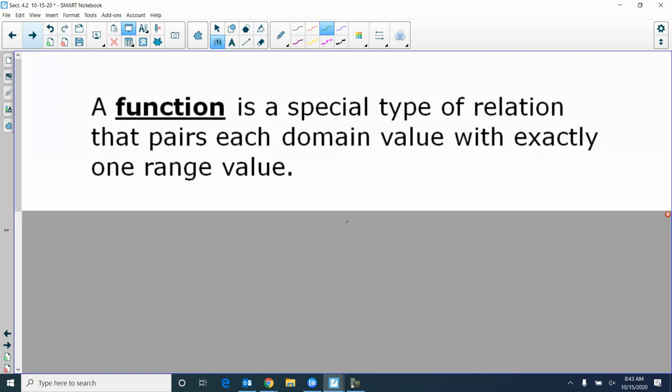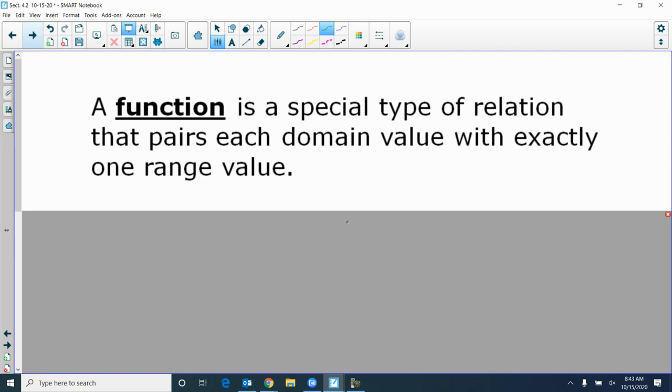It pairs each domain value with exactly one range value. So if I have 2 in the domain, 2 can only go to one member of the range. So 2 cannot go to different members, then it's not a function.